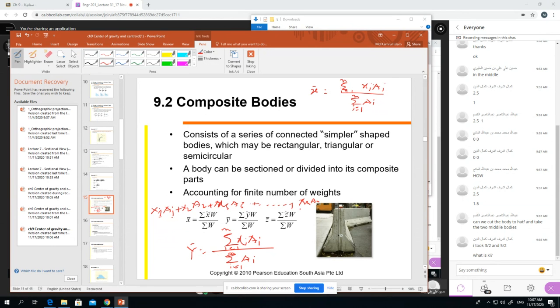Instead of writing x1, x2 many times, we write x with index I, and we say summation of xi ai, I equal to 1, 2, 3, 4, 5, 6 up to n, right? Clear now? So this is the formula. Then we can calculate the centroid of the composite body.